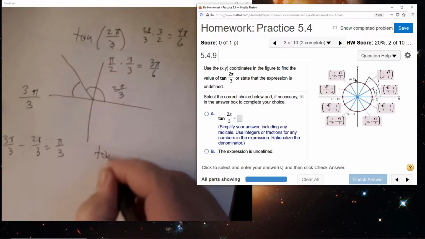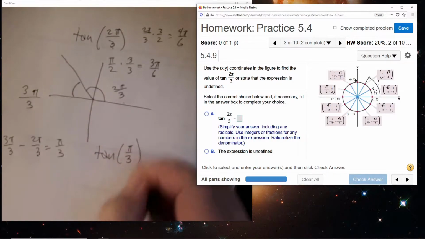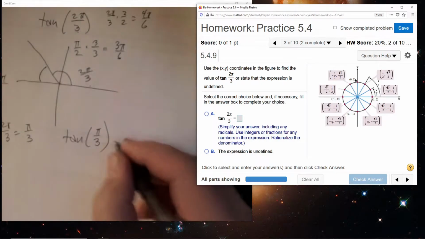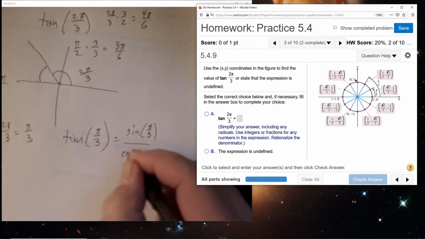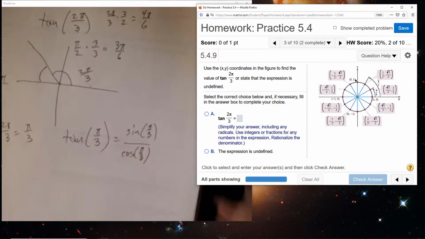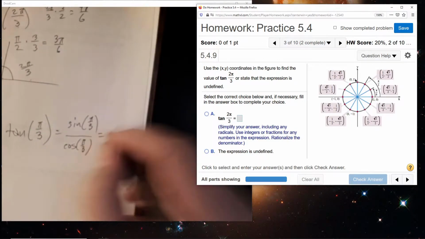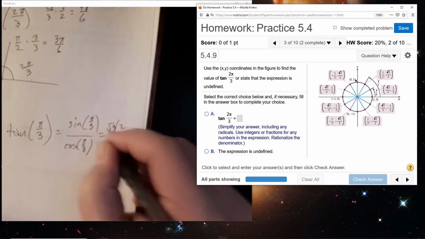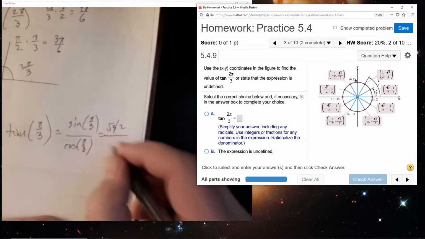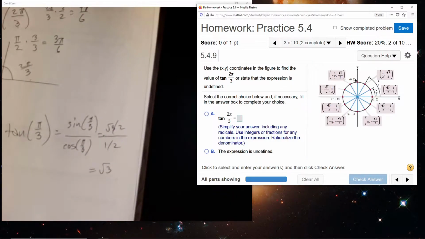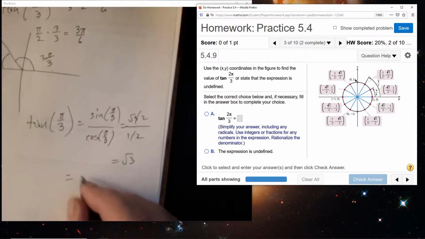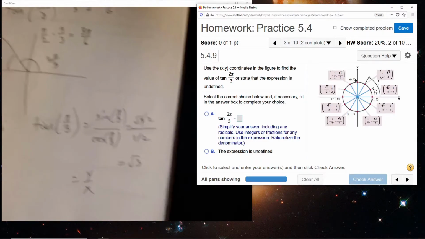And we're looking for tangent. And so this is sine over cosine. And sine pi over 3 is, we just did actually, square root of 3 over 2. And cosine pi over 3 is a half. And that gives us a square root of 3. Now, tangent is also y over x.